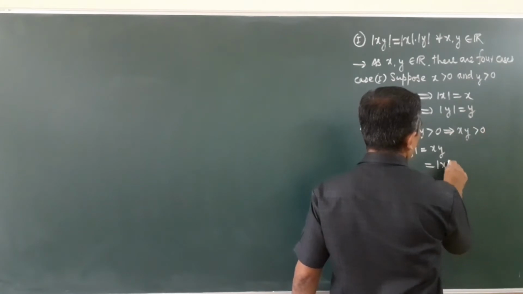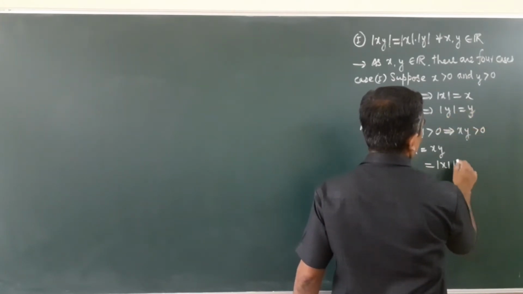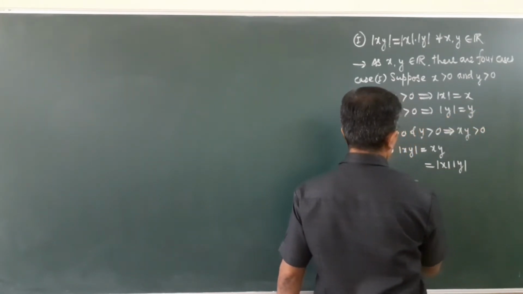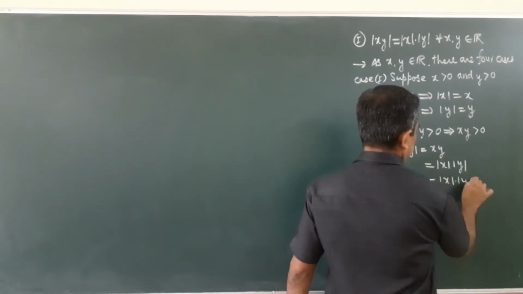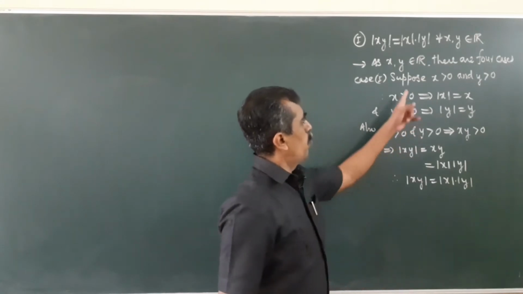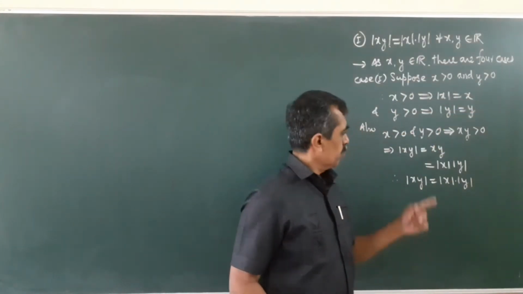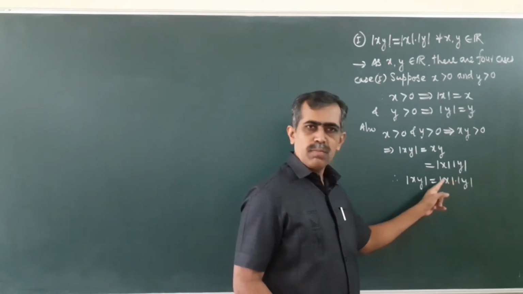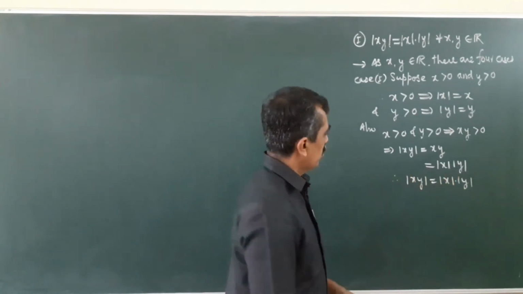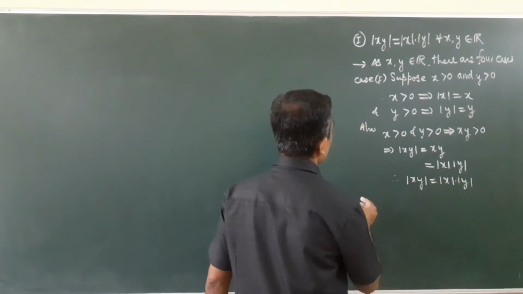It is nothing but mod x. And what is y? It is mod y. So therefore, mod xy is equal to mod x into mod y. So if both the numbers are positive, modulus of the product is product of their moduli. So this is our case 1.